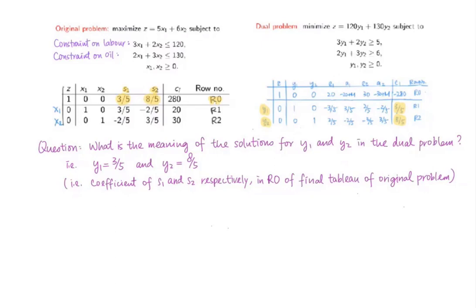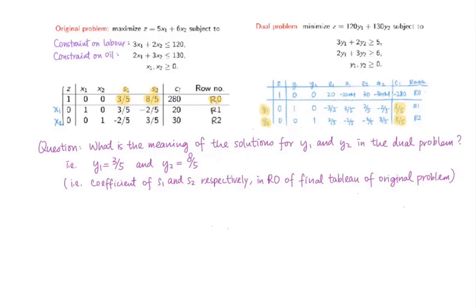Before answering this question, let's refer to other questions. In a real-life situation, the owner of the company would wish to know more information. For example, if the company has the same amount of oil, that is 130 liters, and they hire a labor to work for 1 more minute on top of these 120 minutes, will there be an increase in the revenue?